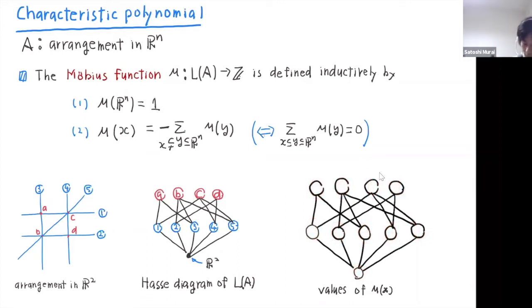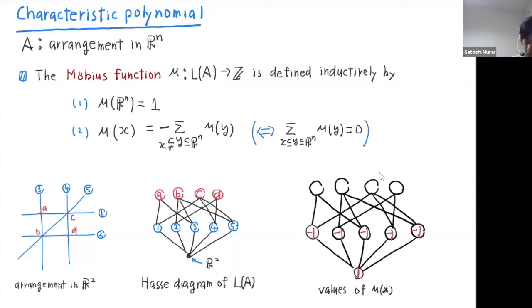The way we put the numbers is the following. First, we put 1 to the bottom element, which in this case is just R^2. And then we put -1 to the elements above the bottom.